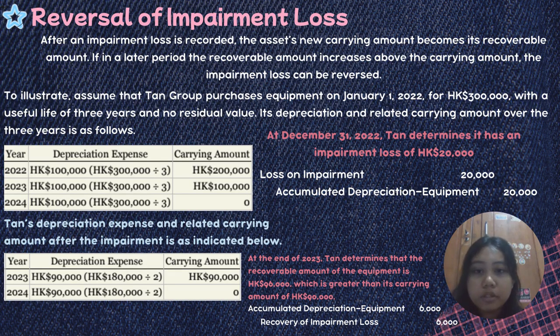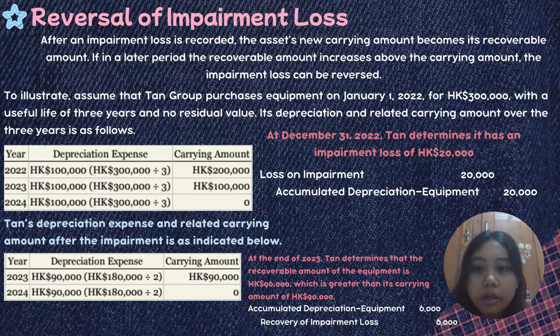At the end of 2022, the carrying amount is $200,000, and in the second year, 2023, it is $100,000. At December 31st, 2022, Tan determines it has an impairment loss of $20,000. The loss on impairment is on the debit side, and the accumulated depreciation account is on the credit side. The amount is $20,000.